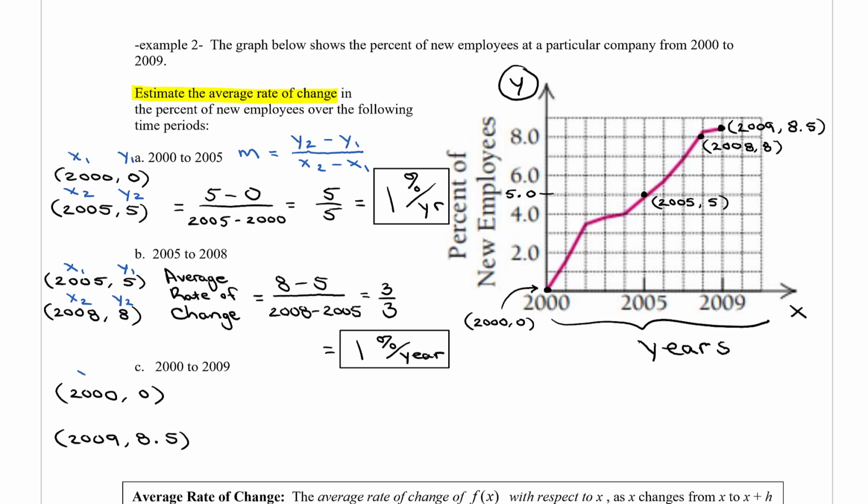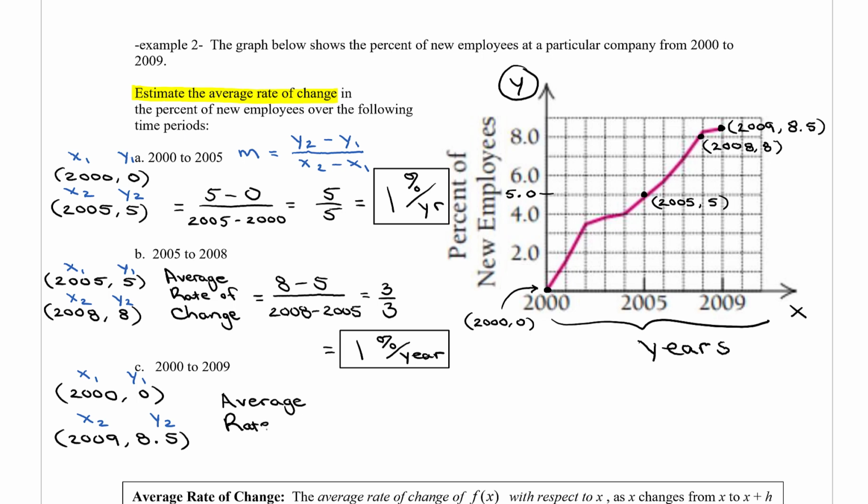So I'm going to write down the two ordered pairs (2000, 0) and (2009, 8.5). I'm going to label my first ordered pair, the x-coordinate 2000 as x sub 1 and the y-coordinate as y sub 1. I'm going to label the x-coordinate for my second ordered pair, which is 2009, as x sub 2, and my y-coordinate 8.5 as y sub 2.